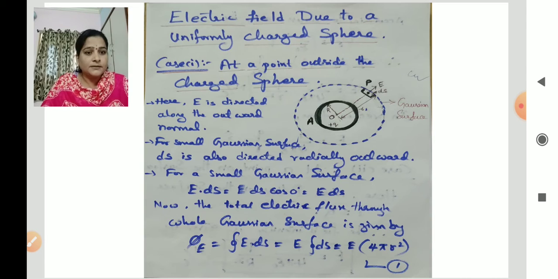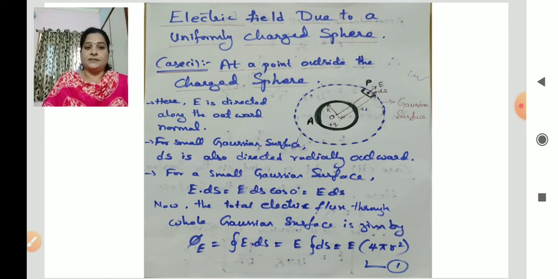Our sphere is shown in black, and the Gaussian surface is assumed around it and is shown as a dotted line. So the dotted sphere is the Gaussian spherical surface, whereas the black one is the charged sphere of assumption.